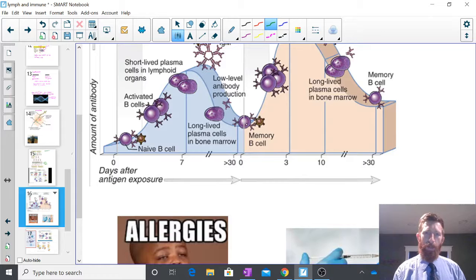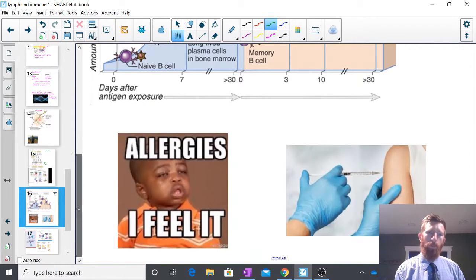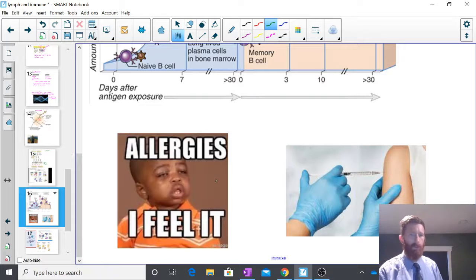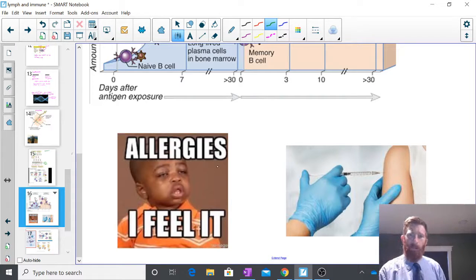Then the second time you get stung, you have your bee memory cells for the toxins or the venom in a bee sting, so that's going to create a bigger immune response. That's why you only find out if you're allergic with your second dose. At least that's how it's been explained to me. Some of you have physicians for dads and moms, and they can probably explain it better. So that's one thing.